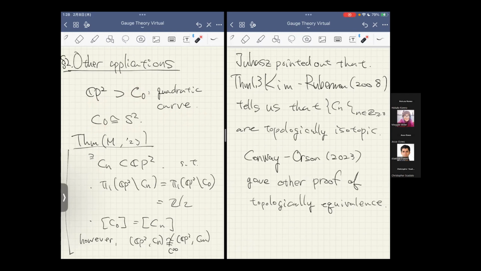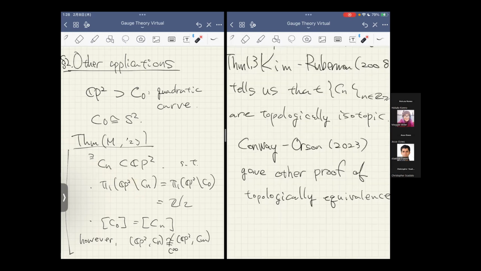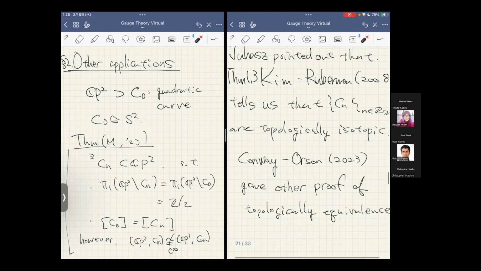And I constructed an infinite family of embeddings of S2 into CP2 such that the fundamental group of whose complement is isomorphic to Z/2, and they have the same homology class. However, they are not smoothly diffeomorphic. We can prove this using our invariant.